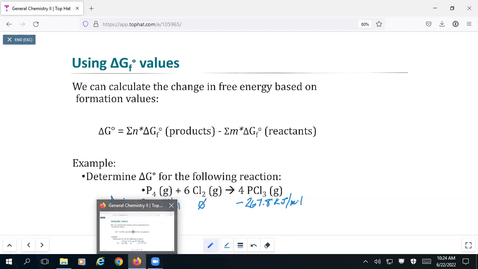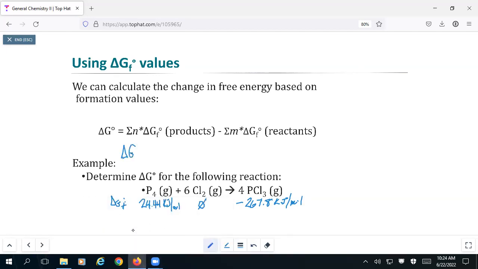So if I was going to set up delta G here, delta G is equal to the products. So that'd be 4 times negative 267.8 kilojoules per mole times the 4 moles. That's all of the products minus the sum of P4, 1 mole, times 24.44 kilojoules per mole, plus 6 times 0 kilojoules per mole.